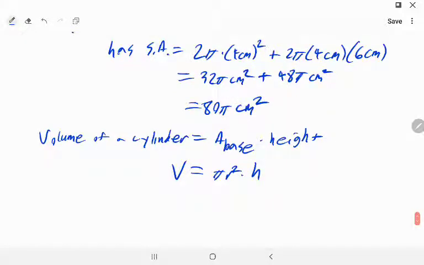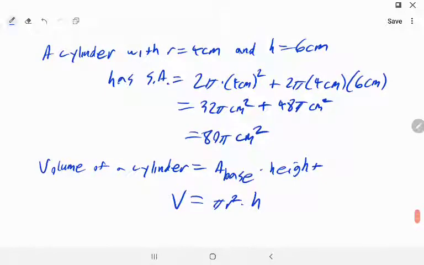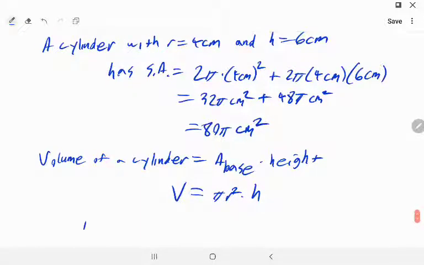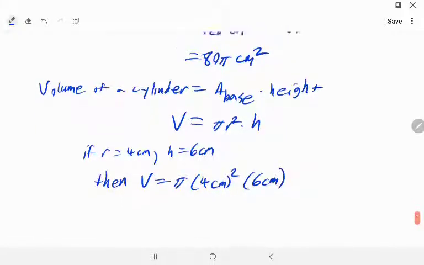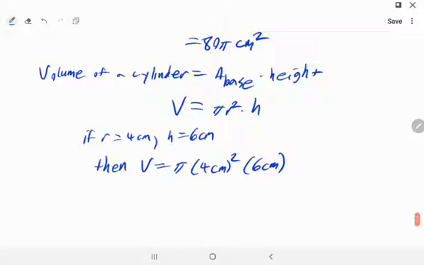And so for that cylinder we were just talking about, if r is 4 centimeters, h is 6 centimeters, then the volume is pi times 4 centimeters squared times 6 centimeters. So we're going to get 16 times 6 is 96. We get 96 pi cubic centimeters.